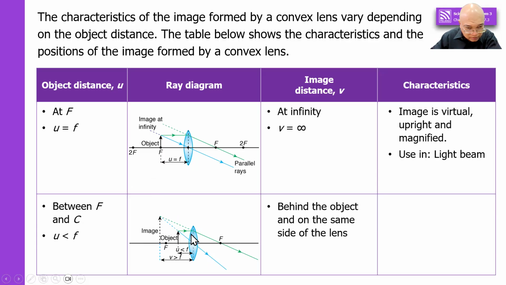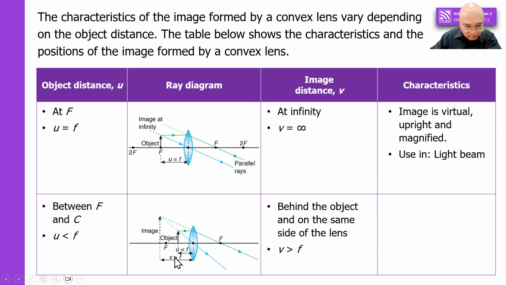The image distance behind the object right here and on the side of the lens. All right? So this is the side of the lens. And then we have V, the image distance, is greater than F, right? Look at that.